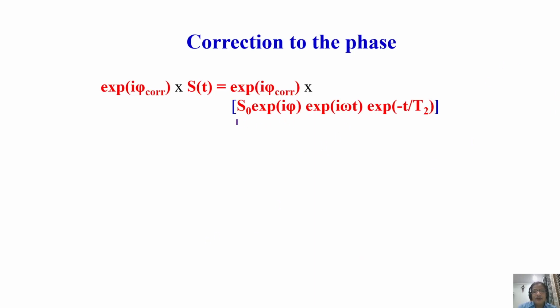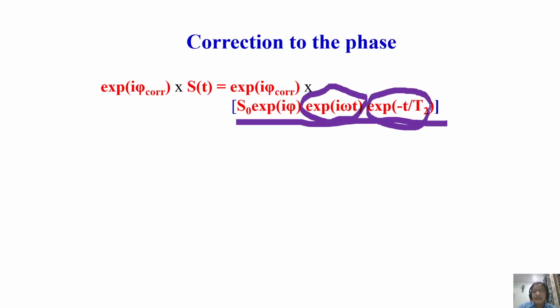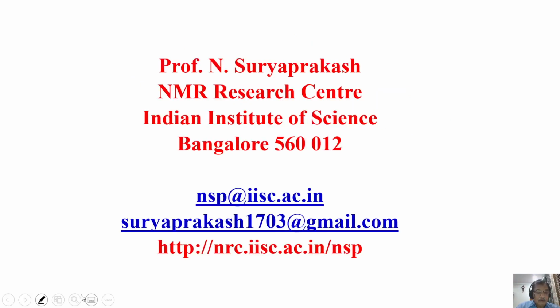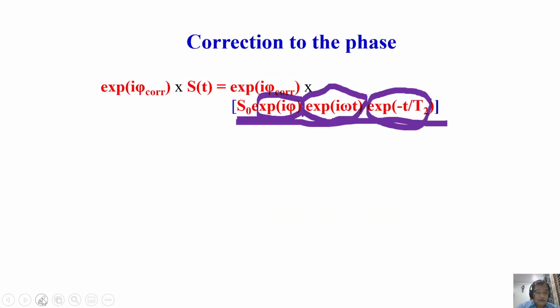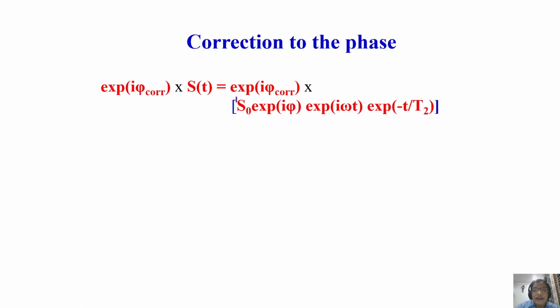And this expression we wrote, this was my original signal, and this is the decaying function, and we incorporated this phase error, assuming there is an error of phase by an angle phi. Now I will incorporate another function, phi, which is a corrective function, so that it corrects this error.